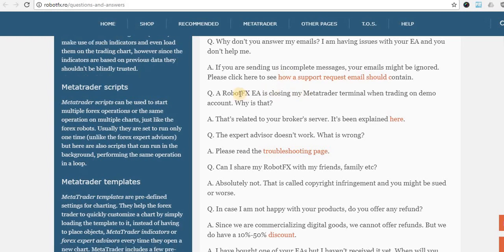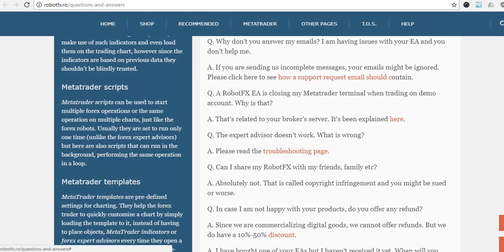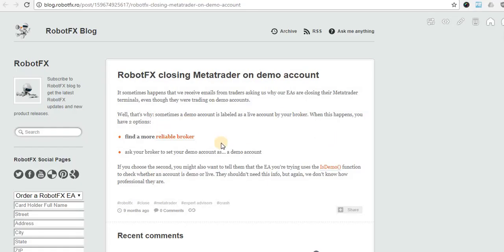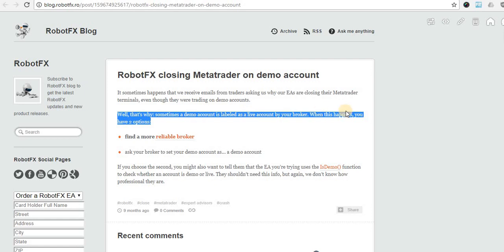If somehow the expert advisor is closing your MetaTrader terminal while you are on a demo account, then you should probably talk to your broker, because your demo account, although it is a demo and you don't trade real money, has been set by your broker as a live account in their own settings there on their trading server. So it's something they can fix with a push of a button, but it's not up to you. So you should contact them and tell them, please set my demo account to demo.